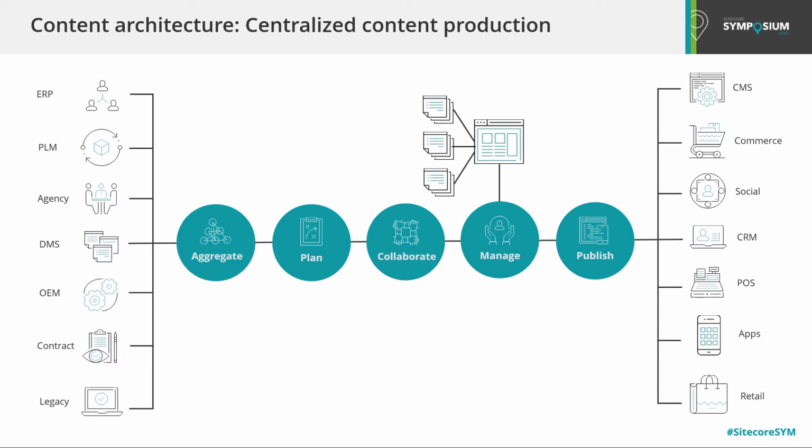What we need to do is create a space that can take the content source, the raw content or the input, aggregate it, provide planning tools for managing content lifecycle, provide the collaboration tools for all the stakeholders involved in the content creation, content management tools for various types of content, and of course, a way to format each piece of content in the right format and publish it out to all the distribution channels.